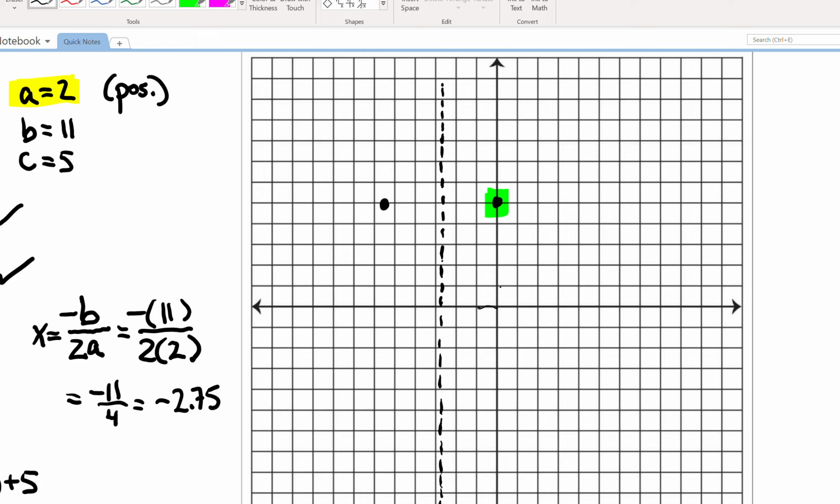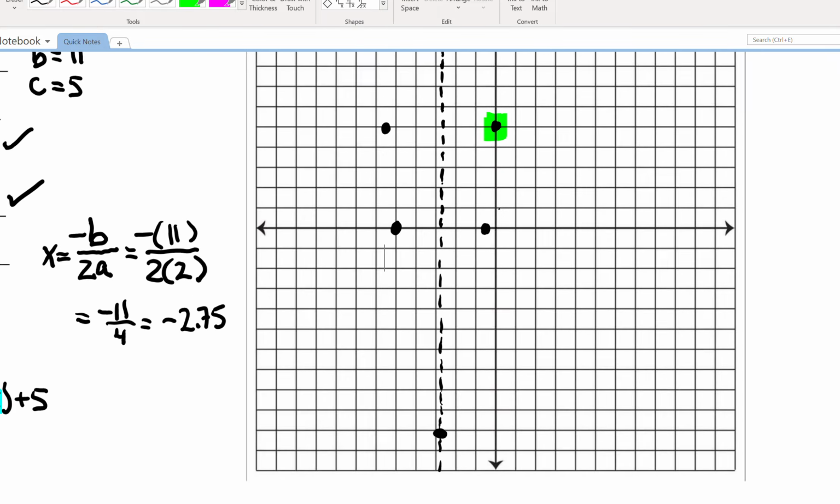So I've got over here 1, 2, 3, 4, 5, and there is 1 of my x-intercepts. And then just over here, negative 0.5, that's just negative 1/2, is the other one. And again, it looks right. There's that same distance here and that same distance there. That's what we're looking for.